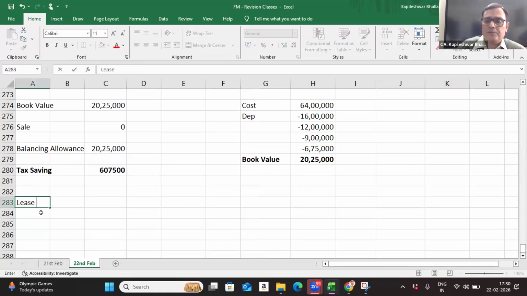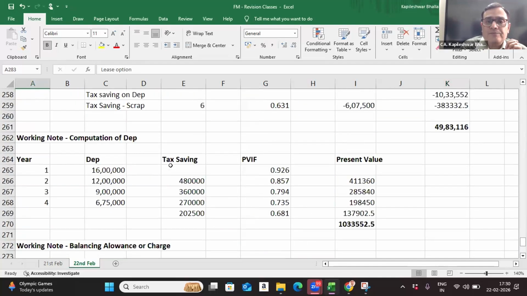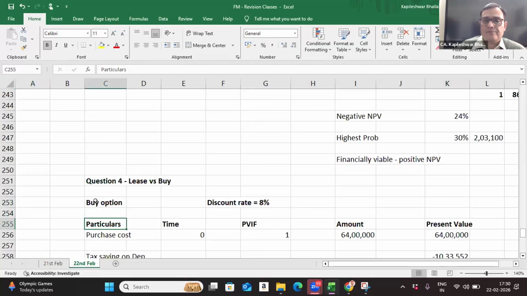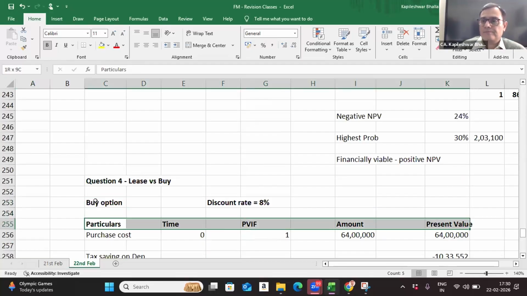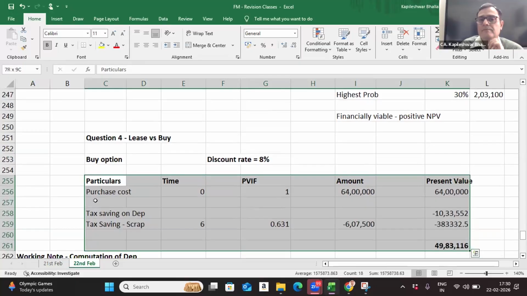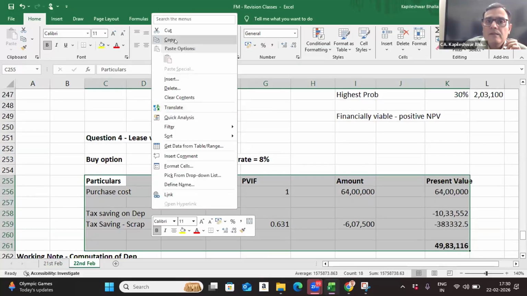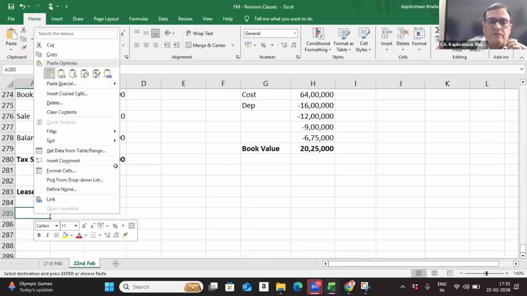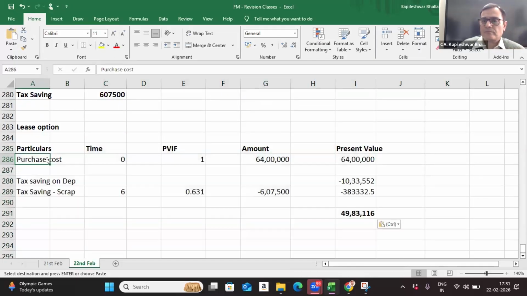So as far as lease option is concerned, there will be two things, lease rent and there will be a tax. So let me take these headings itself. So for the lease one, we just have two inputs.